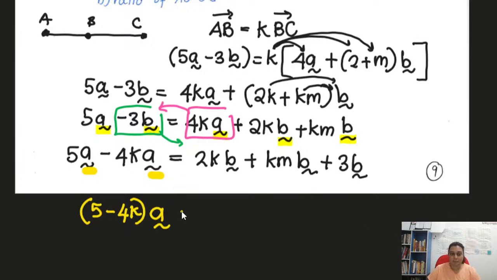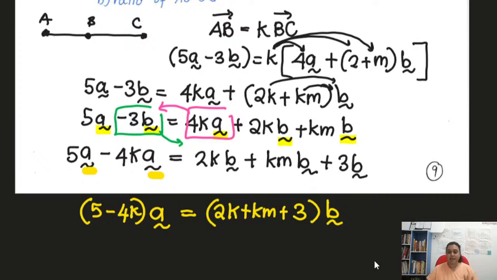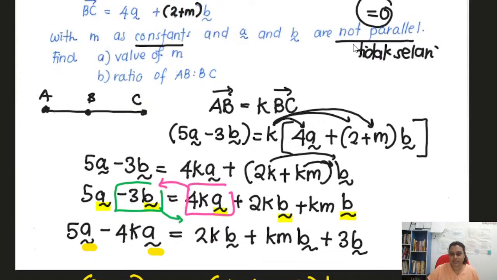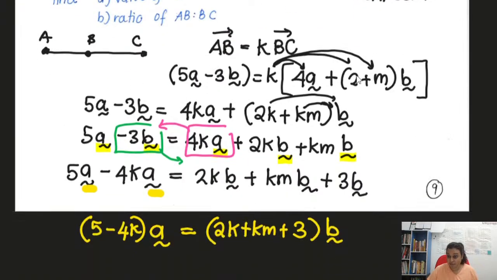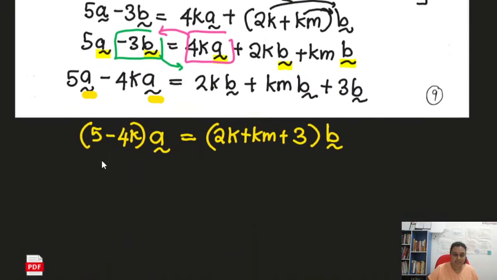Okay, sama dengan, the behind one, I'm going to take out vector B. So 2K tambah KM plus 3. Okay, so far clear?